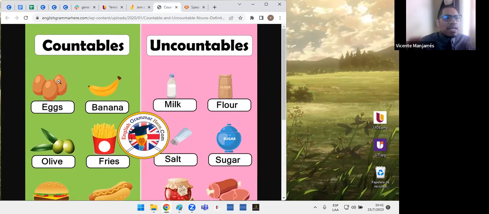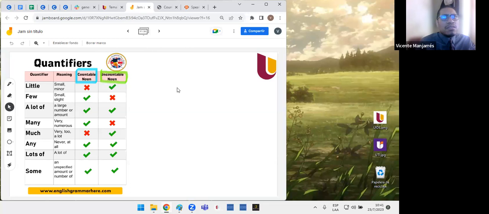With countables, you can say 100, 1,000, dozen, but not with uncountables, right? So how do we count uncountables? Using quantifiers. Also, to count countables, because since countables are easy to count, it's easy to assign quantifiers as well. But it's more useful for uncountable nouns.